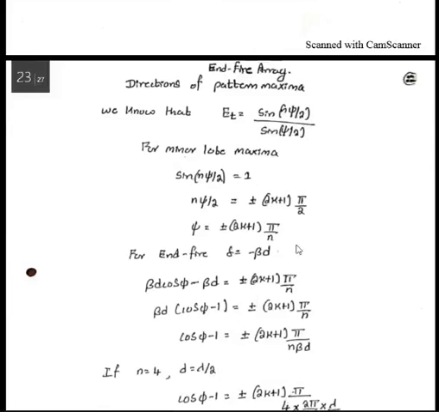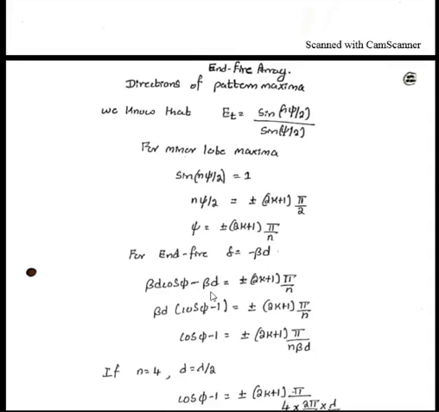So you know the end fire case is delta is equal to minus beta d. That is nothing but the phase difference psi is equal to beta d cos phi plus delta. Instead of delta here, you have to substitute minus beta d.